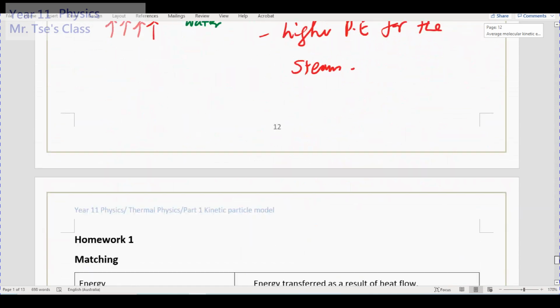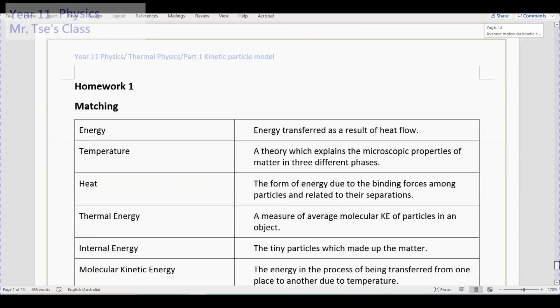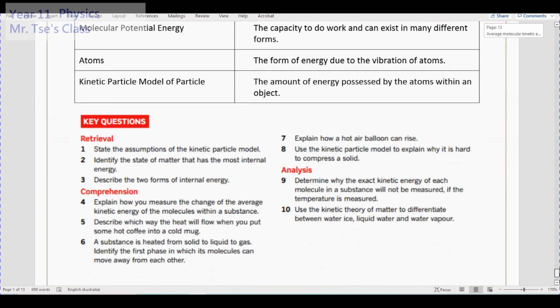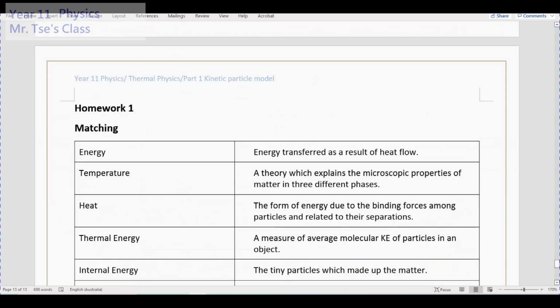Anyway, for the homework, you need to do the matching and some of the questions here. I'm not going to say how many questions you need to do. My deal is always that if you have 1.5 lessons, I try to keep the homework and revision for each lesson within half an hour.